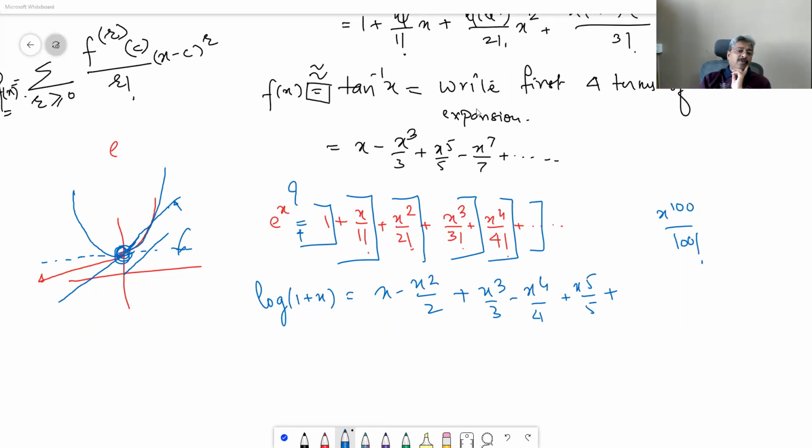So if I put the value of x as 1.1 in this series expansion, and take more terms, then if you stop at only the first term, you will get the value 1.1.